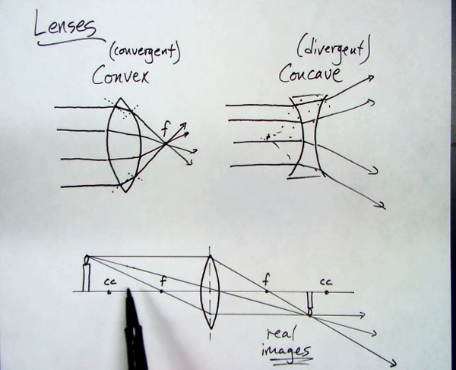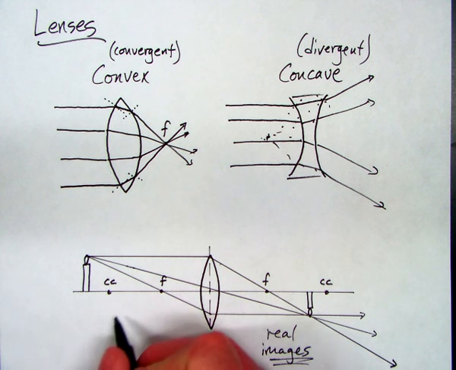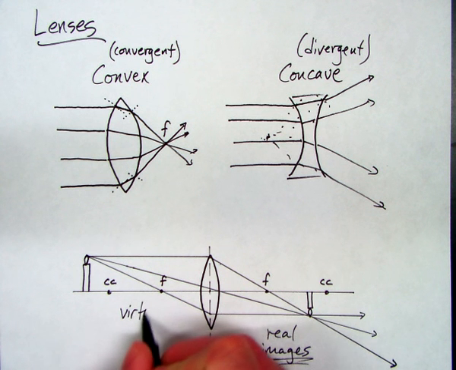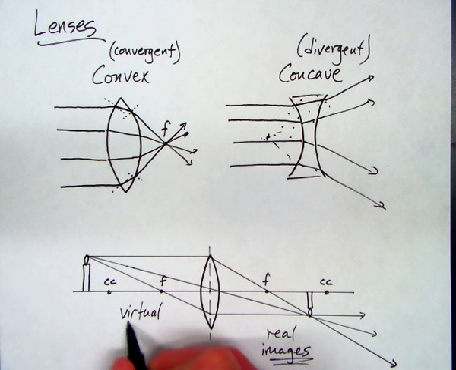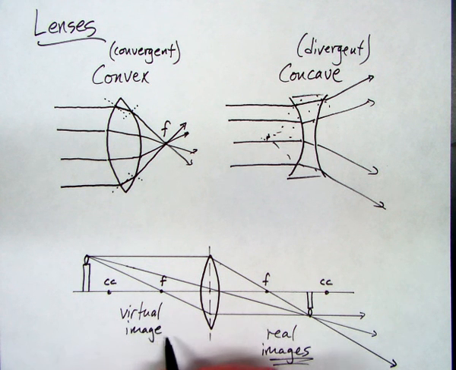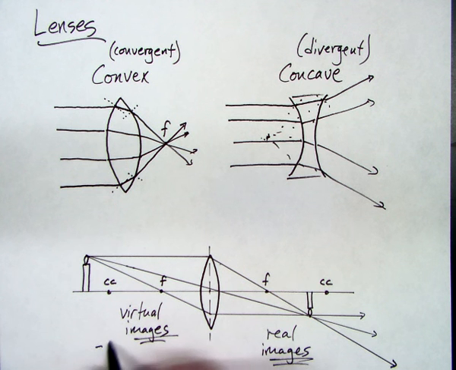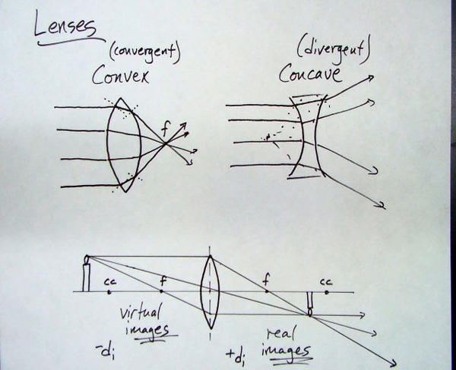But you can get virtual images forming here, just like with mirrors. So images forming on this side will be virtual images. In our computations, when we get a DI that is negative, that's going to be a virtual image. If I have a positive DI, or positive image distance, that is a real image.